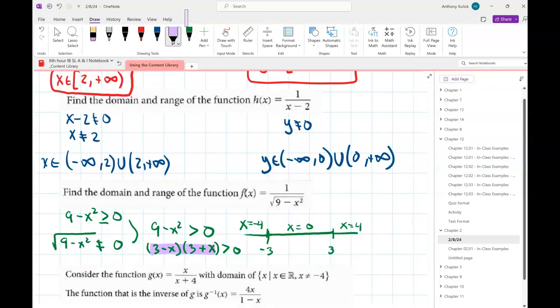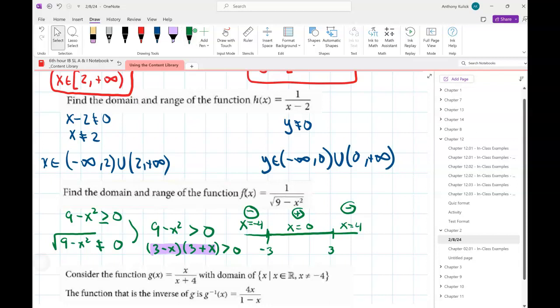So if I plug in -4, I get 7 times -1. Well, that's negative, right? If I plug 0 in, I get 3 times 3. That's positive. If I plug 4 in, I get -1 times 7. That's negative.